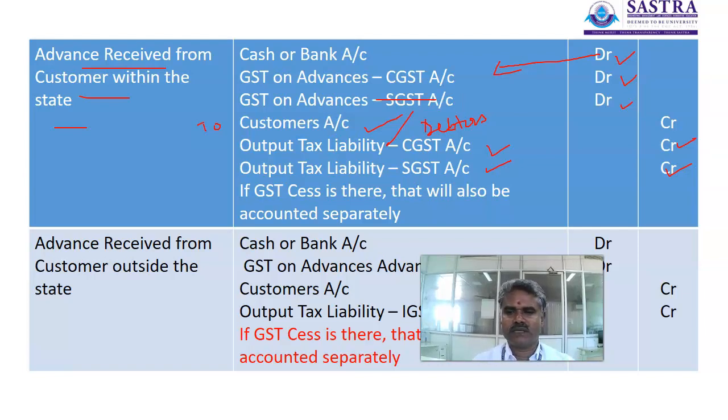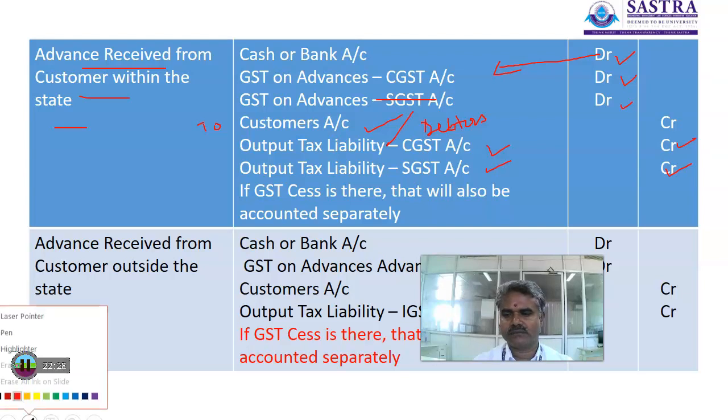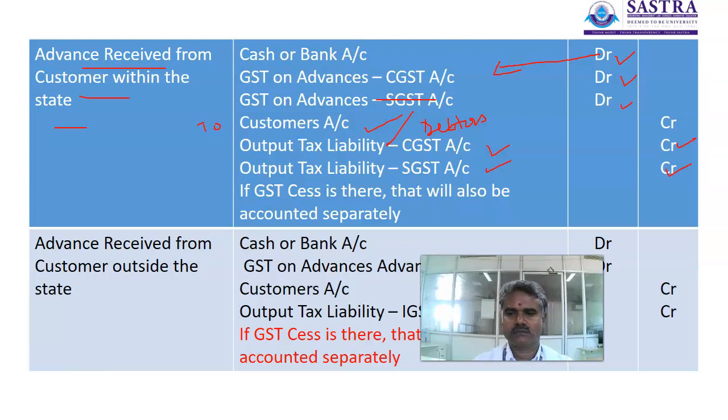Next one is advance received from customers outside India or outside the state. Cash or bank account debtor, GST on advance, name of the customer credit, to output tax IGST.